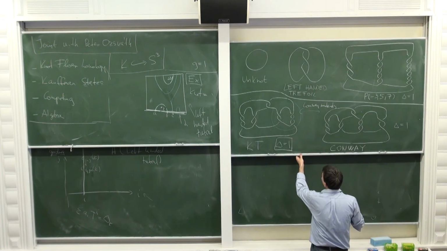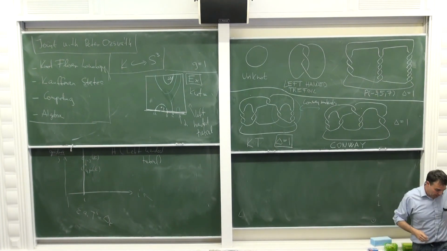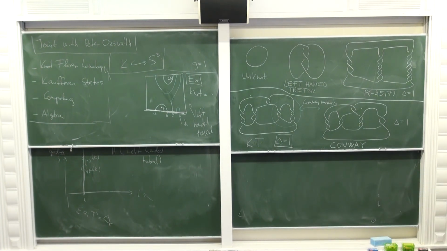So the first thing one would do, and this was done a long time ago, is to ask whether knot Floer homology is any better than the Alexander polynomial, and then you can, for example, compute knot Floer homology or some special values of it for all of these examples.